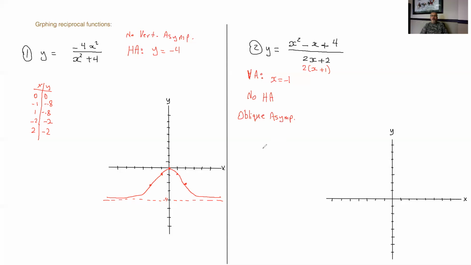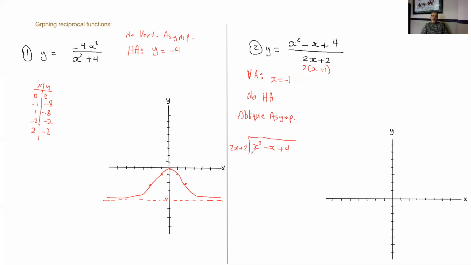And the oblique asymptote, to find out what it is, you have to do long division, divide the top by the bottom. So if I do long division, I'm dividing by 2x plus 2. And I have x squared minus x plus 4.